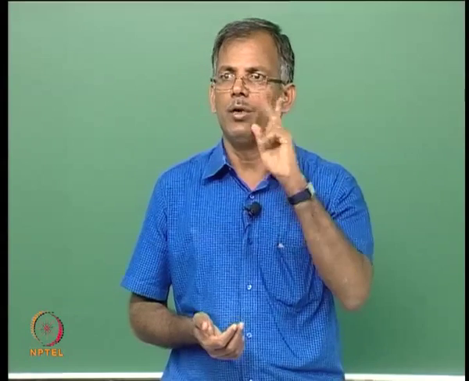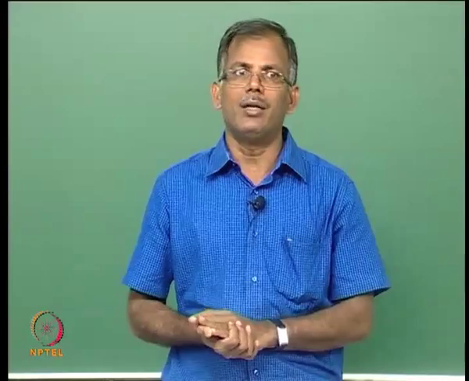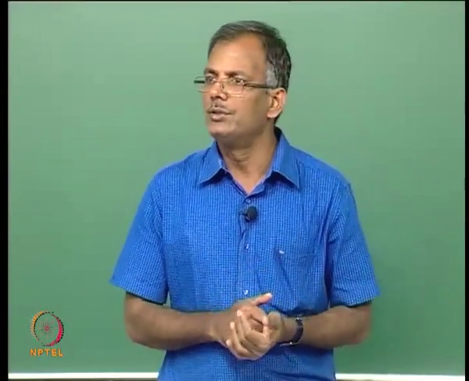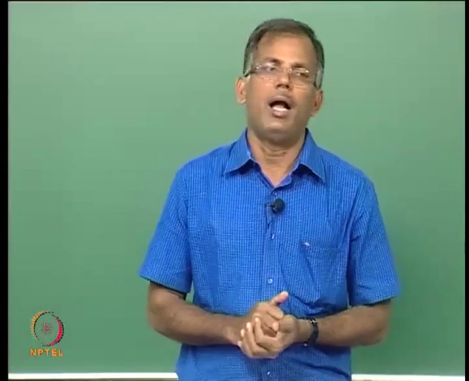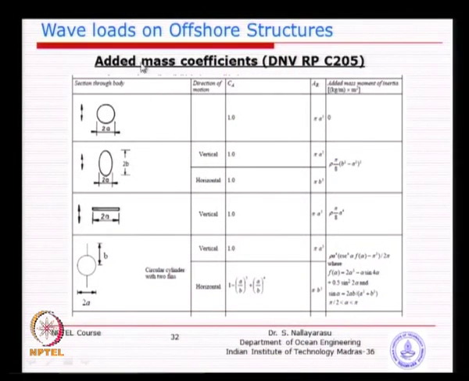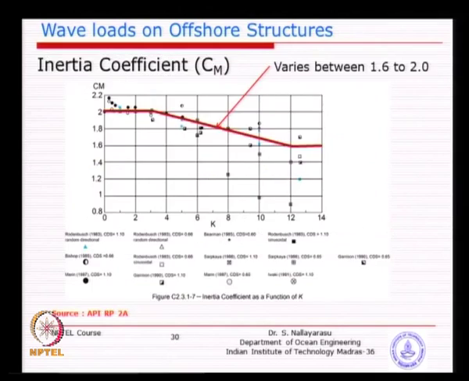So, that is why you will see 1 plus 1, you understand the idea now. Cm is equal to 1 plus Ca, Ca is the added mass coefficient, which is this. So, this Cm, whatever you have obtained from experiments, could also be theoretically estimated by simple means.